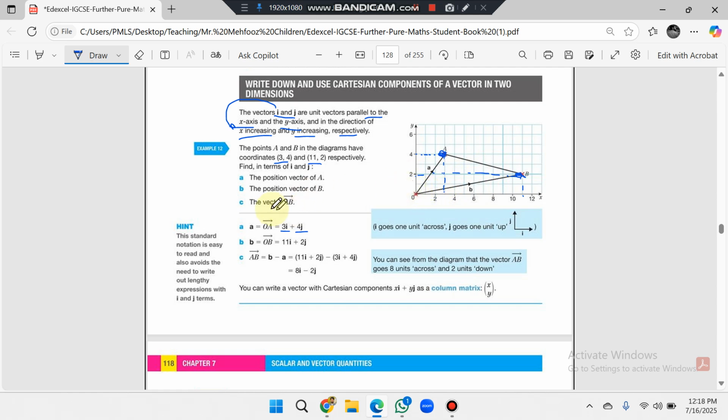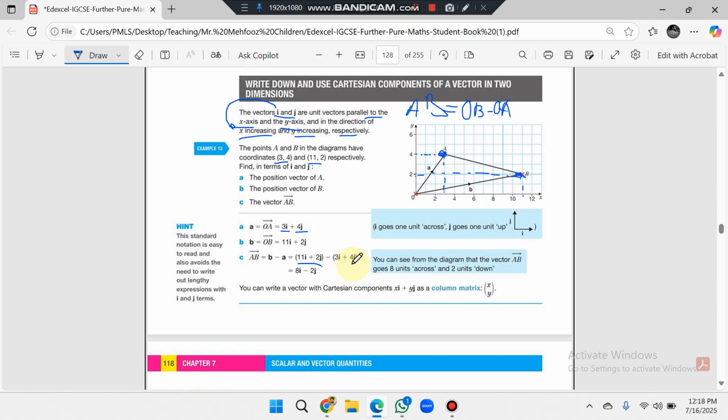Okay. Next is the vector AB, and AB can be found by subtracting. You have seen previously that AB is equal to OB minus OA, right? So what is OB? That is simply 11i plus 2j, the position vector of B. And what is OA?